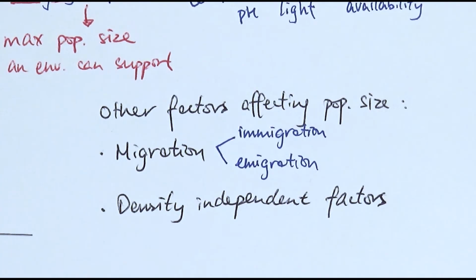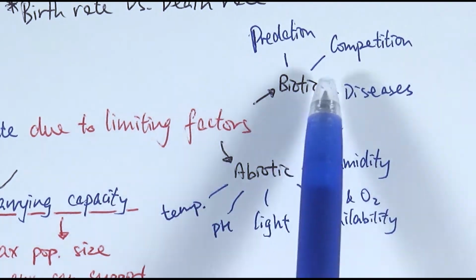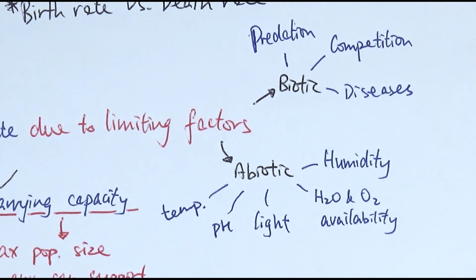So that is migration. So previously we mentioned how population sizes can be affected by these different limiting factors. So let's think about competition, for example. If within your species, within your population, there's a lot of you, then there will be more competition among you. So that's kind of dependent on the size of your population. So that is what we call a density dependent factor.